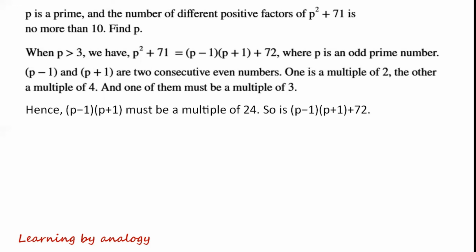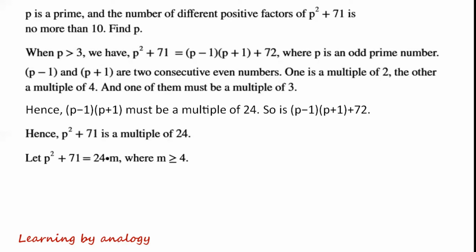So is p minus 1 times p plus 1 plus 72. Hence, p squared plus 71 is a multiple of 24.